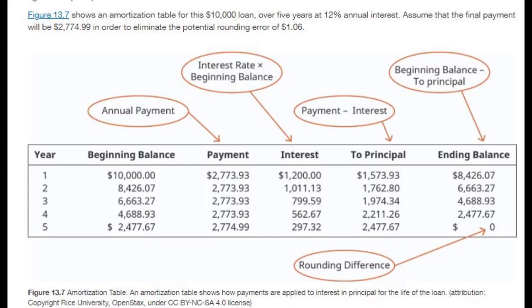If you're paying $2,773 in total, and if $1,200 of those dollars is interest, then the remainder of the payment, $2,773 minus $1,200, or $1,573, is paying down the original principal or the original amount of the loan.